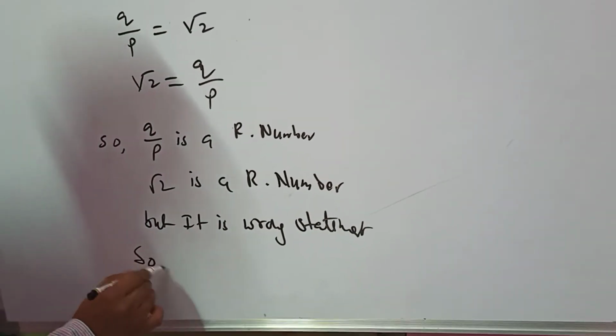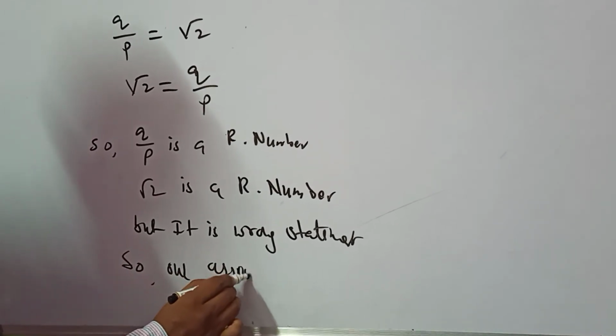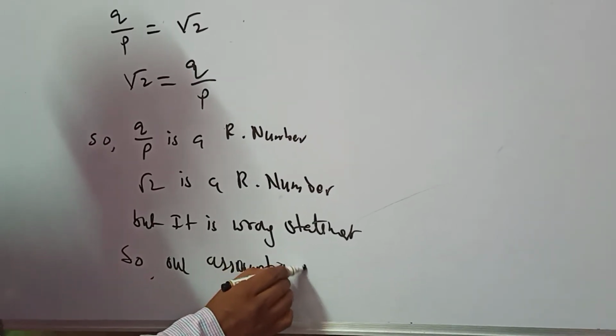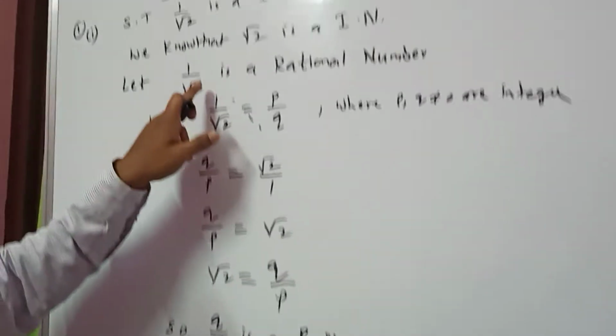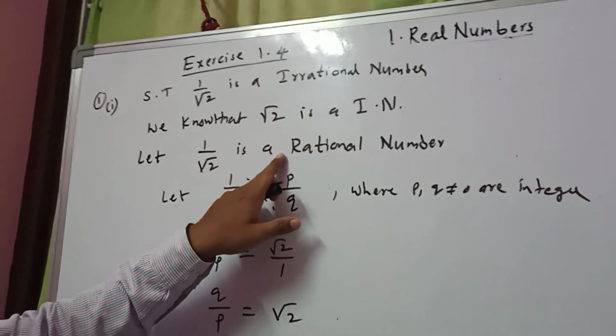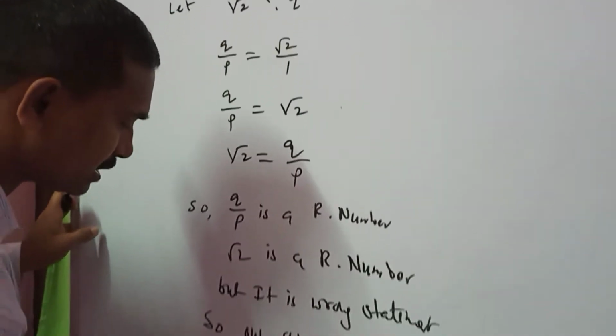So our assumption is wrong. What is our assumption? 1 by root 2 is a rational number is wrong. So 1 by root 2 is irrational.